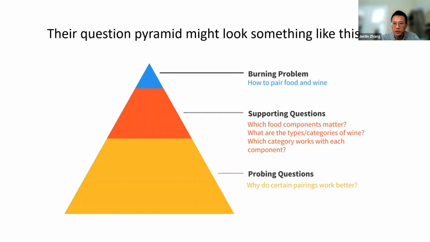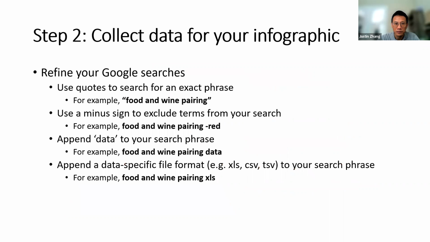Based on this burning question, we can then develop some supporting questions, like which food components matter? What are the types, categories of wine, and which category works with each component? Next is a probing question. Why do certain pairings work better than others?